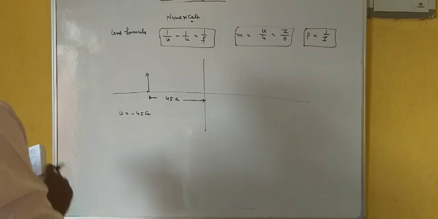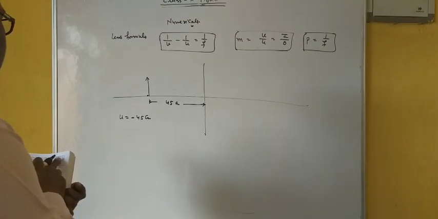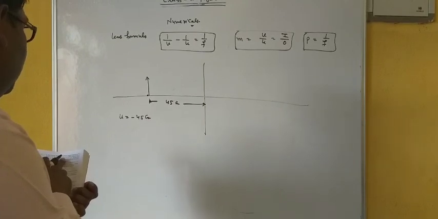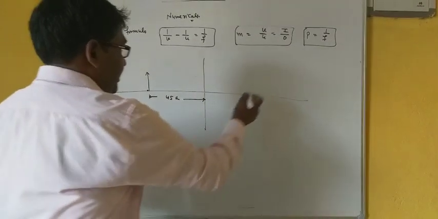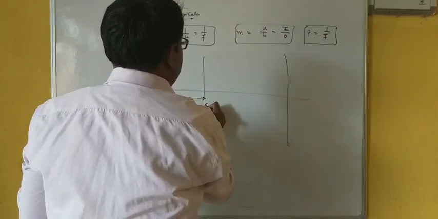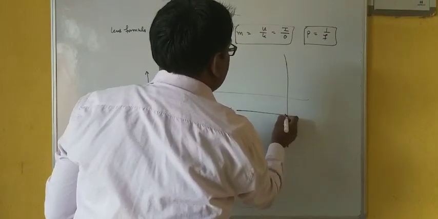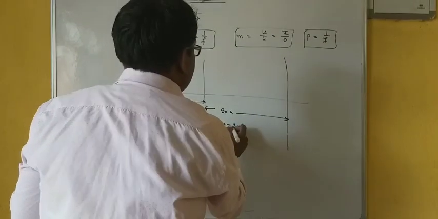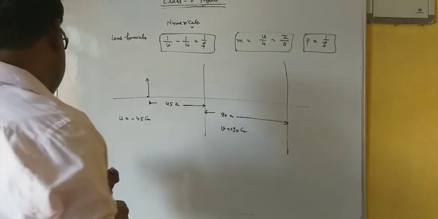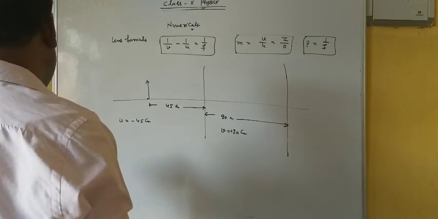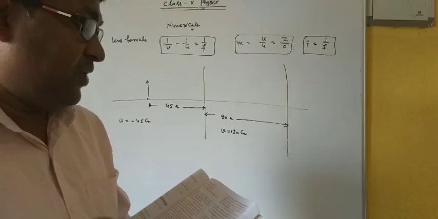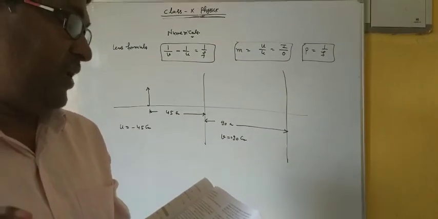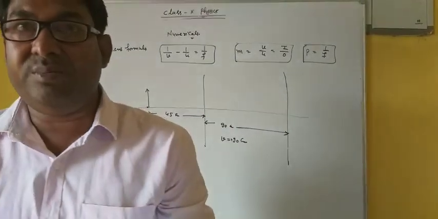The image is on the other side at 90 centimeter, so V is 90 centimeter, and it will be positive. Name the kind of lens, and find the focal length of the lens and the magnification of the image.